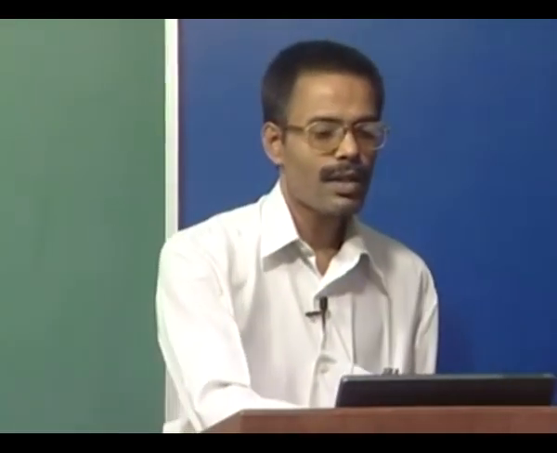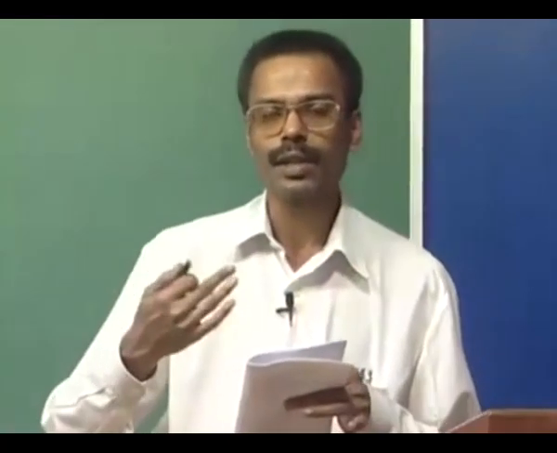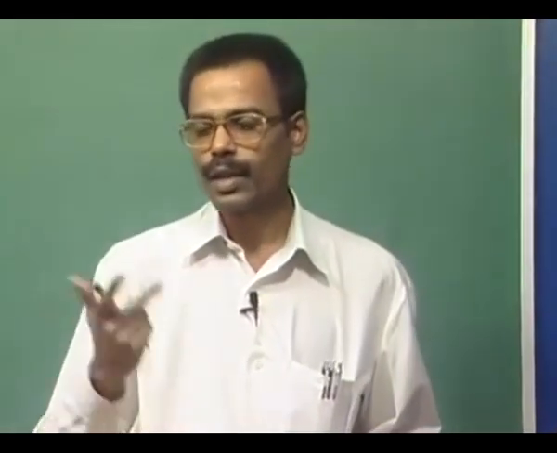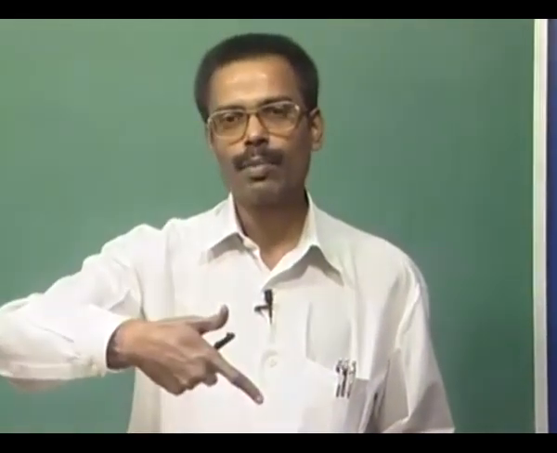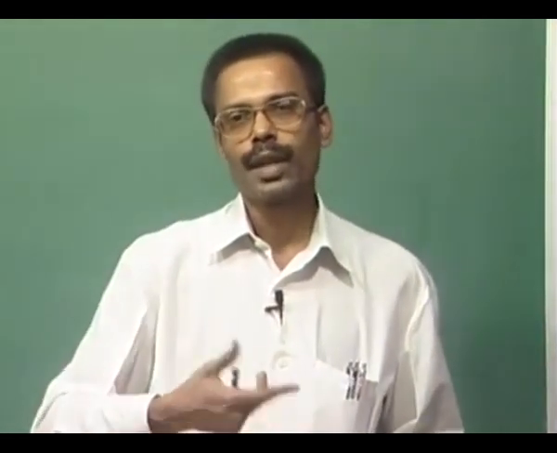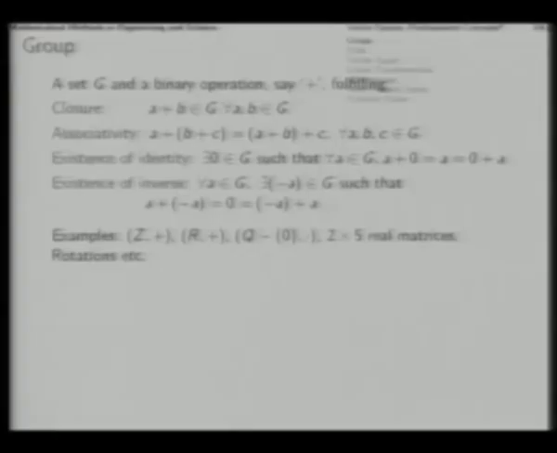So, all these constitute examples of group. The group structure is evident in all of these. Rotations in the geometric space are also an example of group. That is, if you compose two rotations, the resulting complete movement is again a rotation. And that also fulfills these conditions.